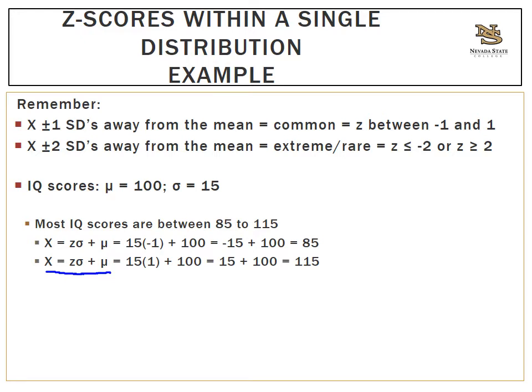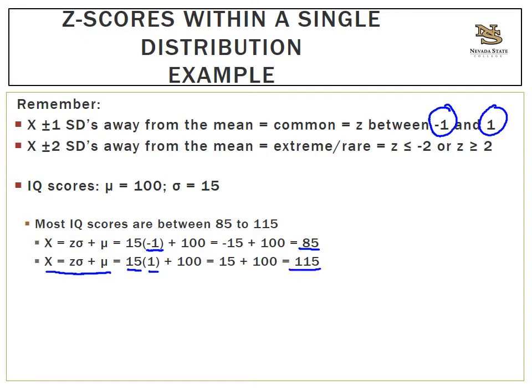You'll see here is that standard deviation. Here are my 2 z-scores of either -1 or +1, because remember we need to account for this one and this one. So you plug those in. On the low end, you get -15 plus 100, which is 85. On the high end, positive z, +1, 15 plus 100, you get 115.